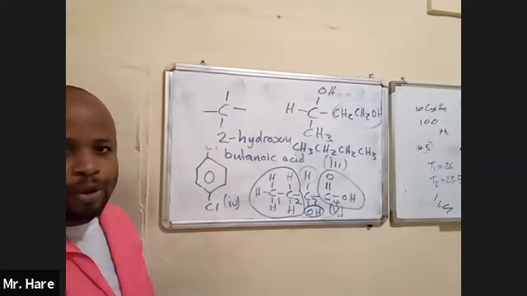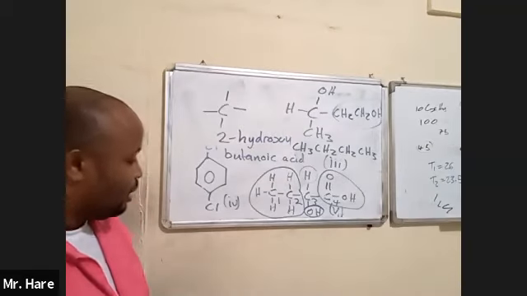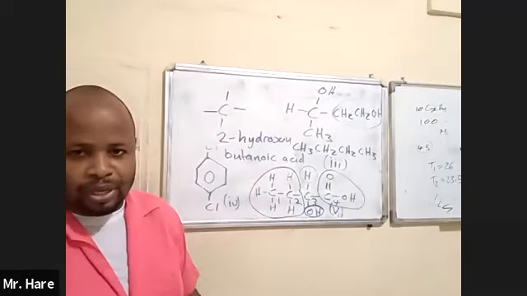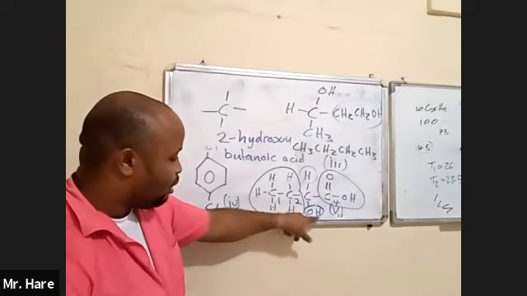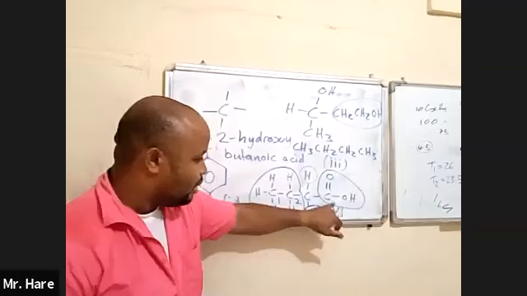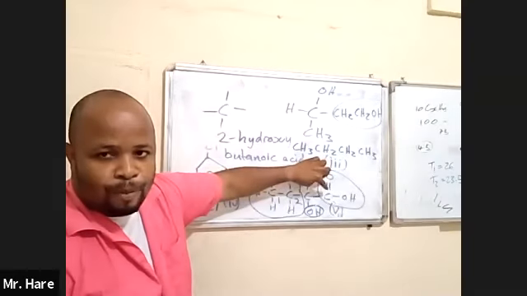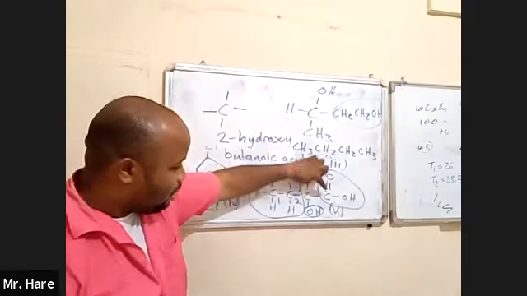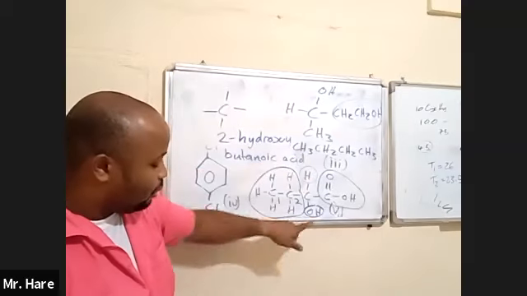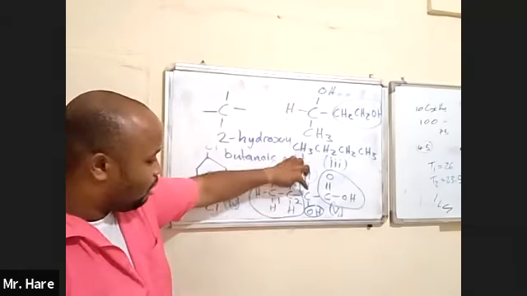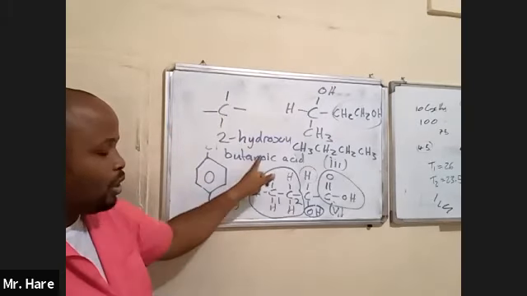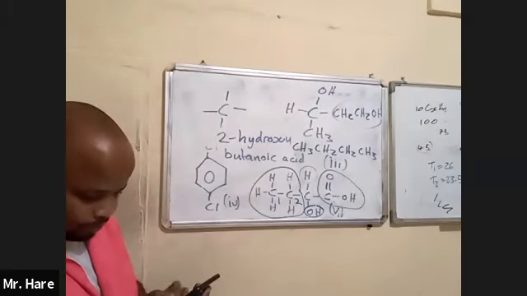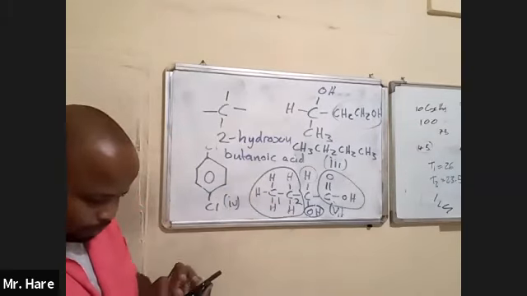So it's butanoic acid. The OH group is a substituent, and it is on carbon 2 because we count from the end with the carboxyl group. So carbon 1, carbon 2. The hydroxy group is on carbon 2, so it is 2-hydroxybutanoic acid.